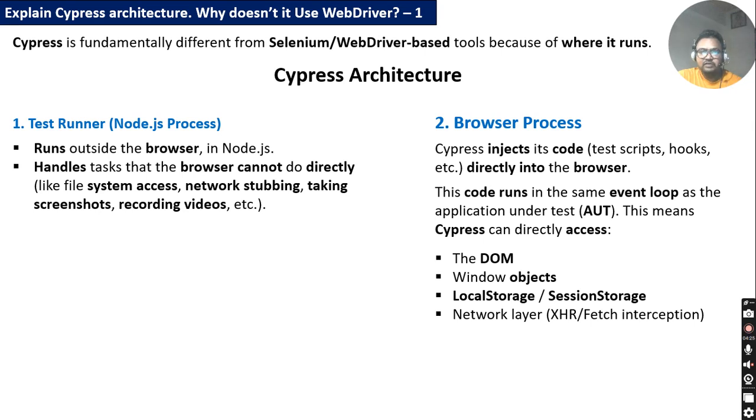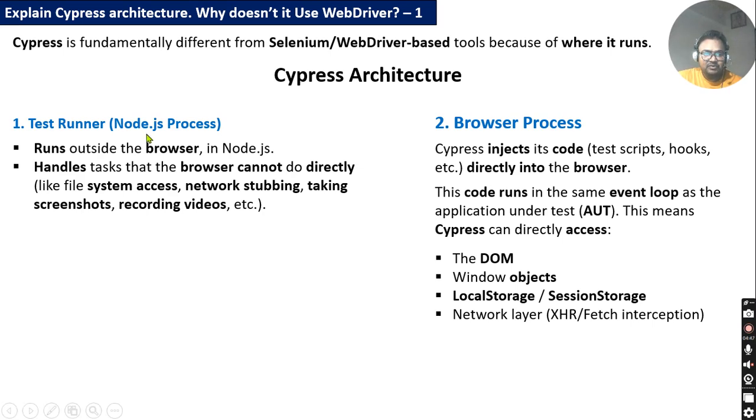So the first component is the test runner, the Node.js process. Second is the browser process, where it works in the same event loop in which we run our AUT. This means it directly interacts with the DOM, window object, local storage, session storage and the network layer.